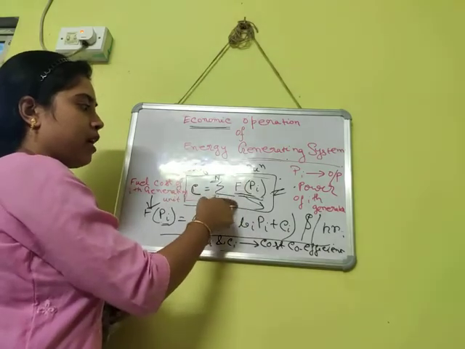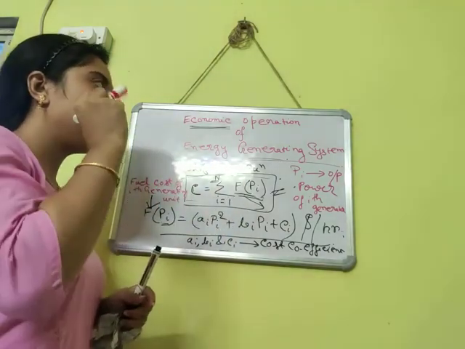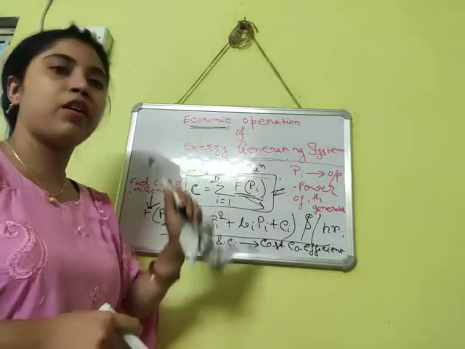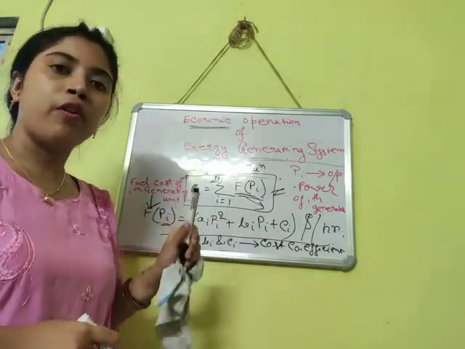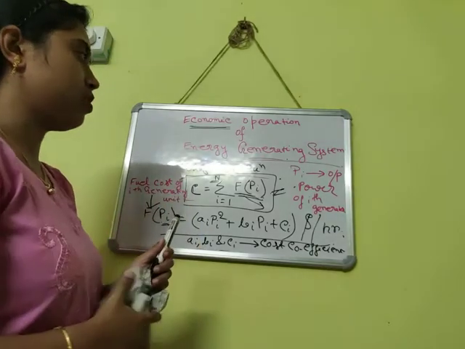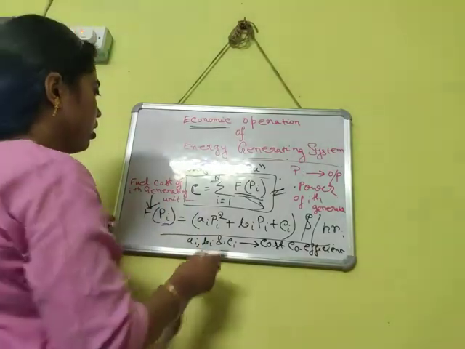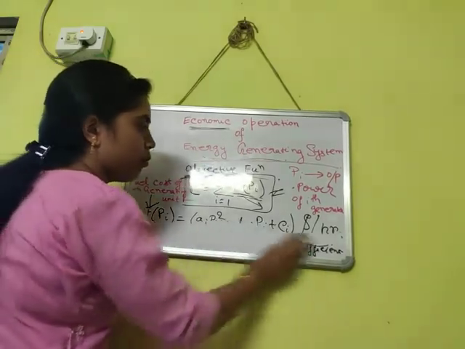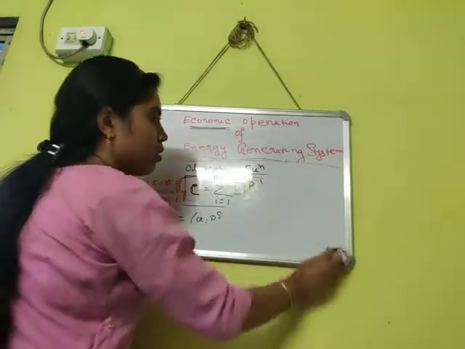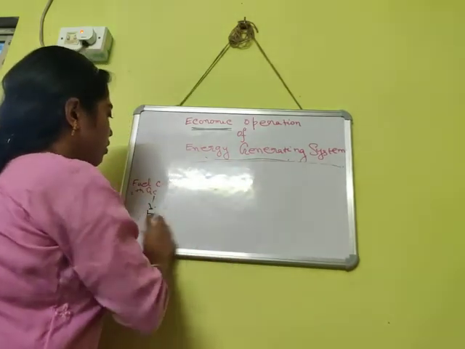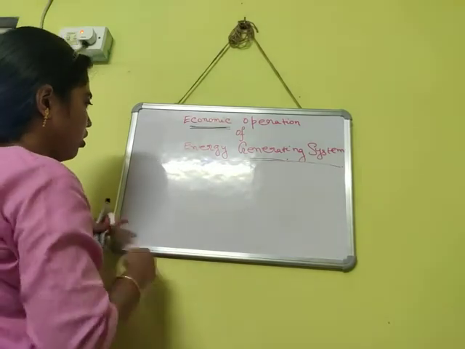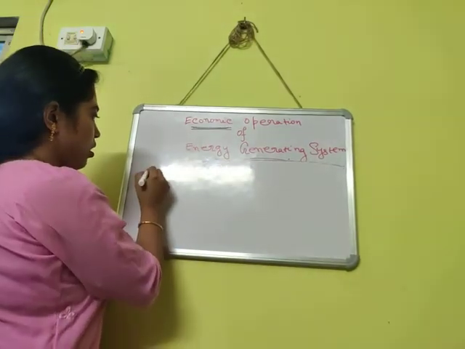We have to minimize that function, but to minimize that objective function, there are always some constraints. Come to the points of constraint. I am rubbing my board. There are two constraints.